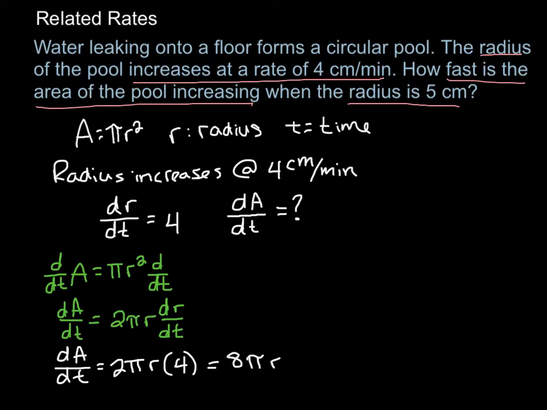Now we're still trying to find how fast the area of the pool is increasing when the radius is 5. So this is where the radius comes into play. We plug that in for our radius, which equals 40 pi. And we're talking about the rate the area increases, so it's going to be centimeters squared per minute.